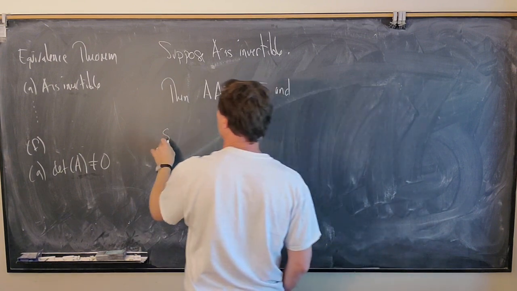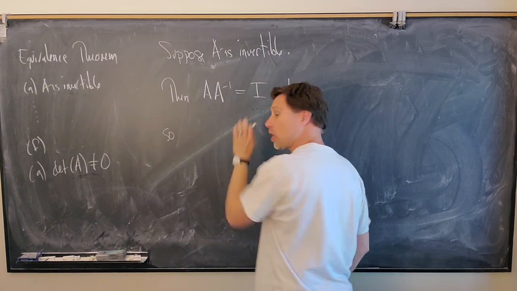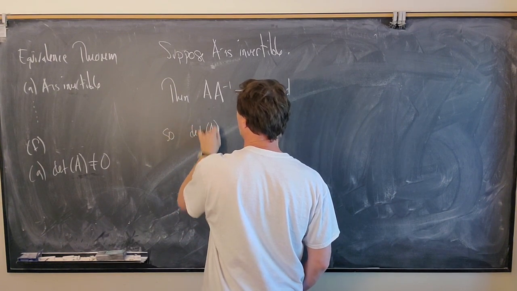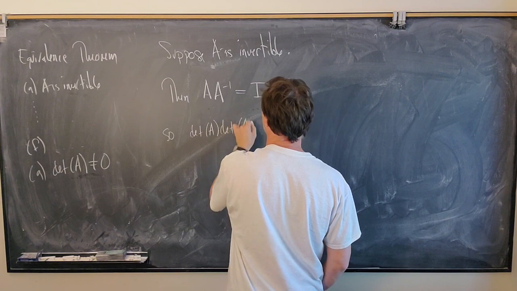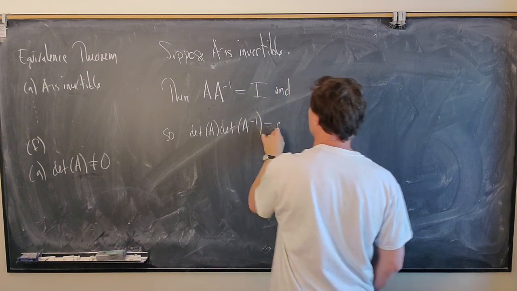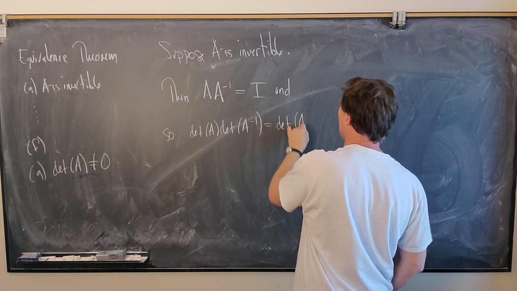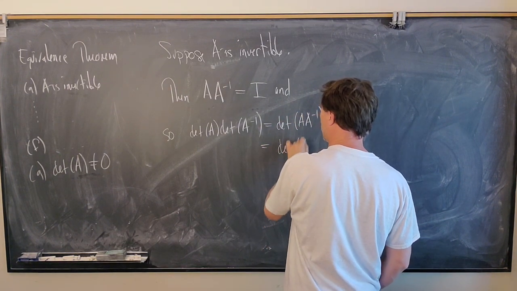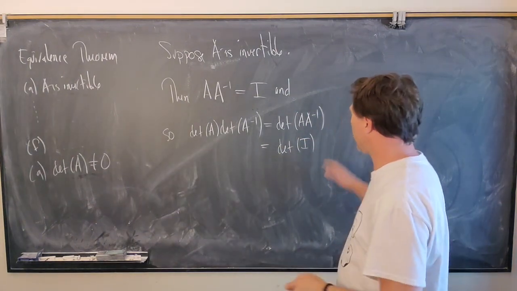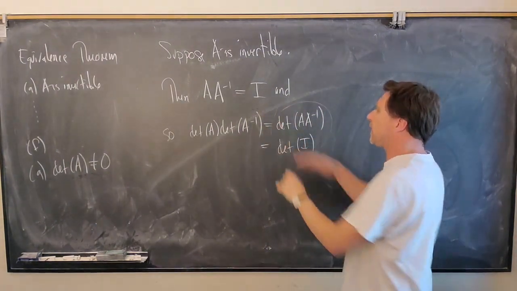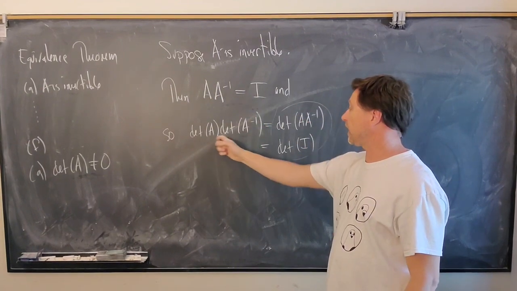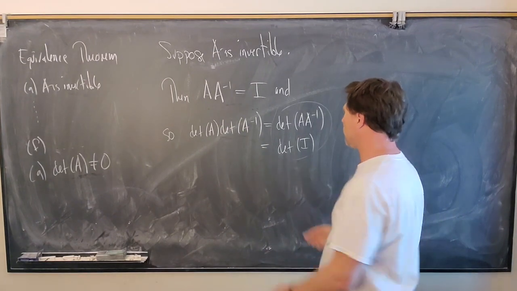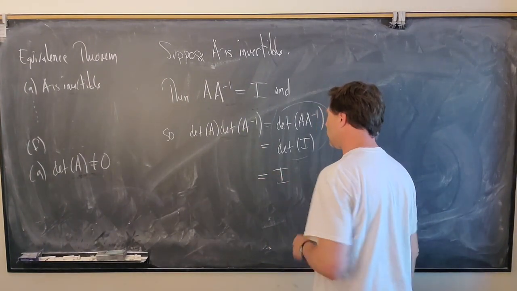Now I'm going to take the determinant of both sides of this equation. So what we get is the determinant of A times the determinant of A inverse is equal to the determinant of A times A inverse, which equals the determinant of I. On the left-hand side, I'm using the multiplicative property of determinants. And the determinant of I is equal to 1.